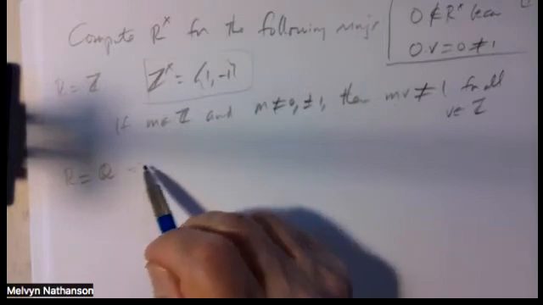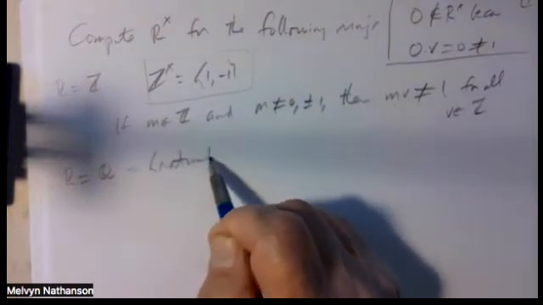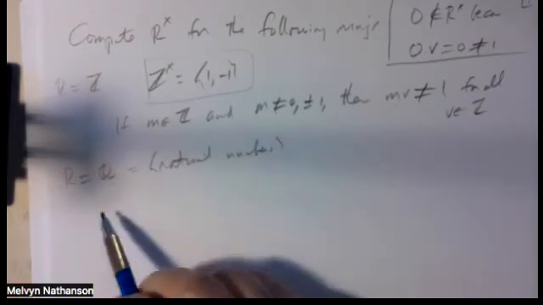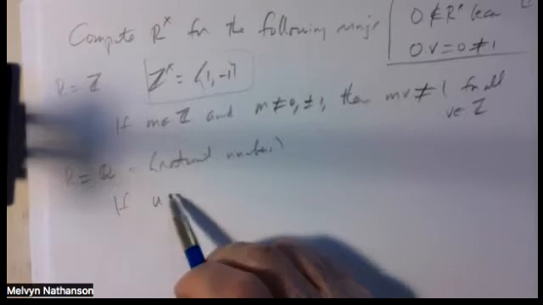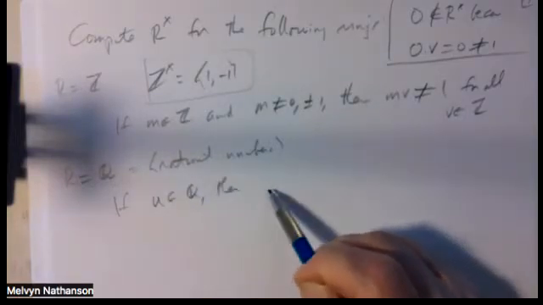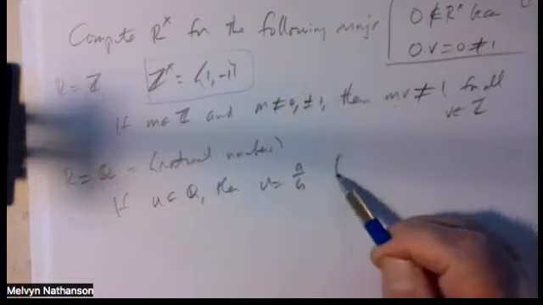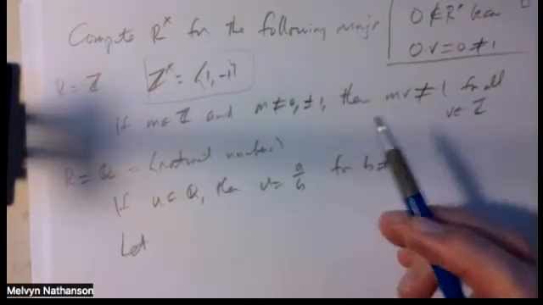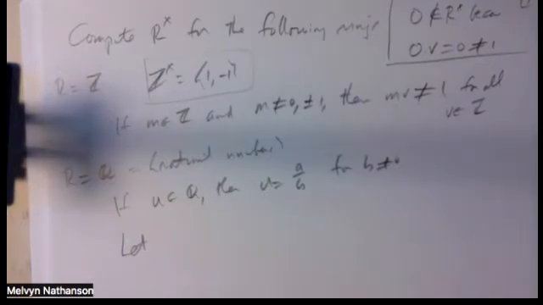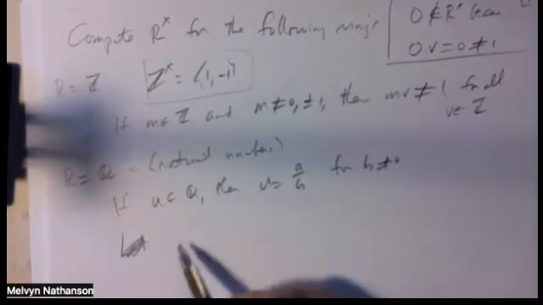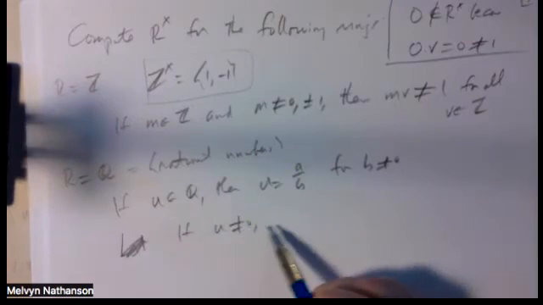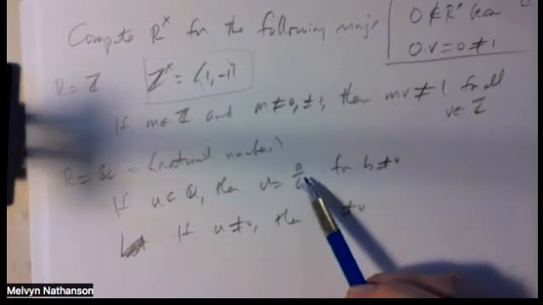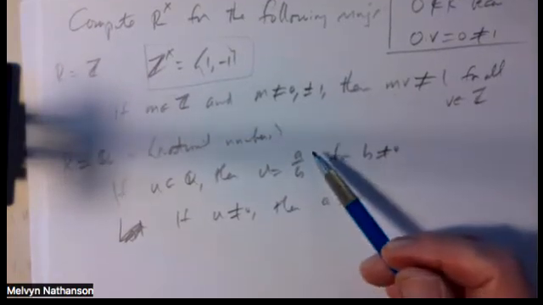Suppose R equals Q, which is the set of rational numbers, fractions. So if u is in Q, then u is a fraction. It's a over b for some b not equal to 0. If u is not 0, then a is not 0, right? u is 0, a fraction 0, only if the numerator is 0.